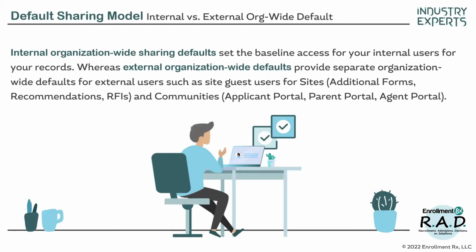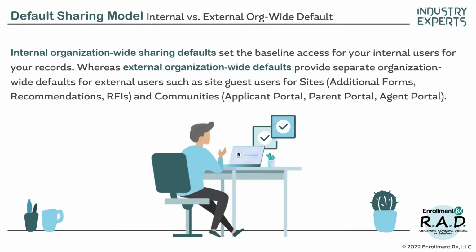Private, and this is the strictest level of access, where only the users that own the record will have access to that record, not considering profiles at this moment. Public read only is another option, where this gives the viewing of records available to all users, or public read write. This grants all users the ability to view and edit a record regardless of the owner of the record.